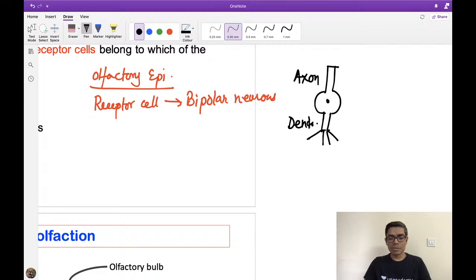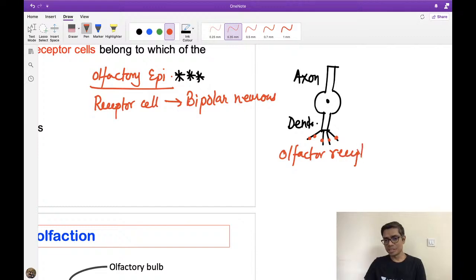Around 6 to 12 cilia are there from a single bipolar neuron, and these dendrites are projected into this olfactory epithelium. Getting my point, right? So what is happening at the level of these dendrites? On the tip of these dendrites, various olfactory receptors are present. This is the location of the olfactory receptor.